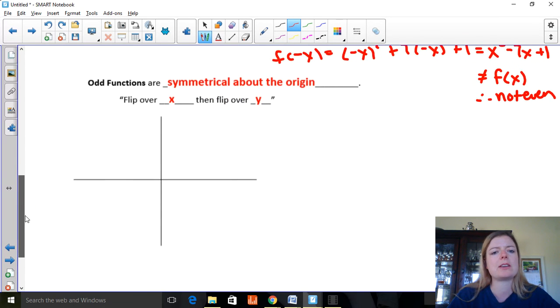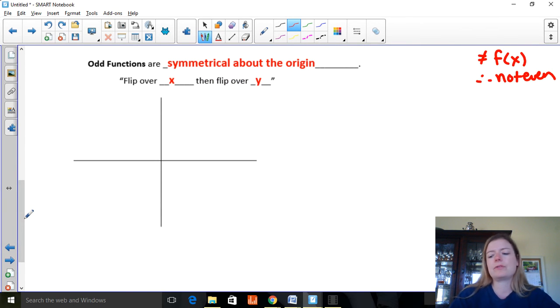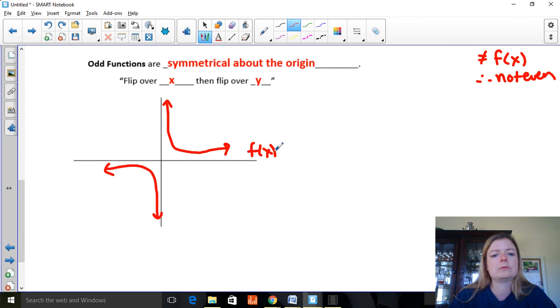Now to check if something's odd, you see if it's symmetrical about the origin. So a classic example here, well, the linear function is, but also the reciprocal function is an odd function. Because if you put in a value of x, you'll get y.